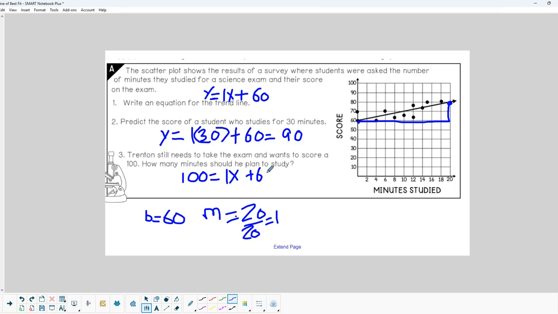But if we fill in the rest of the equation, we notice that we have to subtract 60 to get to the answer that we're looking for. So 100 minus 60 ends up being 40. And so that means Trenton will have to study about 40 minutes if he wants a chance to get up to 100 points.